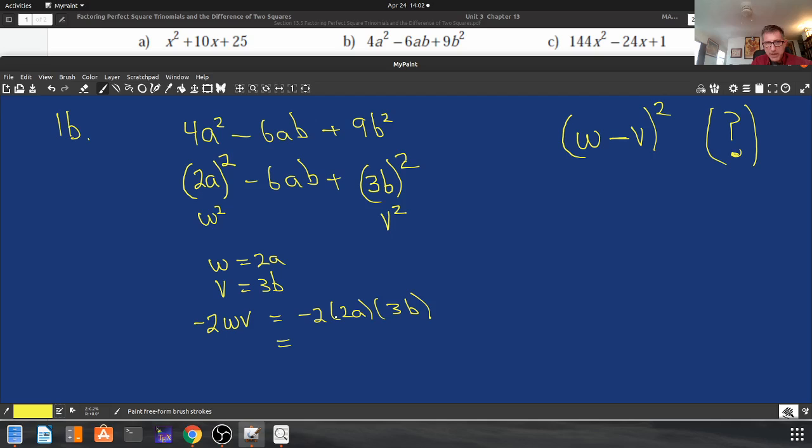Well, this is minus 2 times 2 is minus 4 times 3 is minus 12ab. But minus 12ab is not what I have here, so this is not equal to w minus v squared, which would be, in this case, 2a minus 3b squared. So it failed. We did not have a factorization, or the factorization that we had hoped to find.